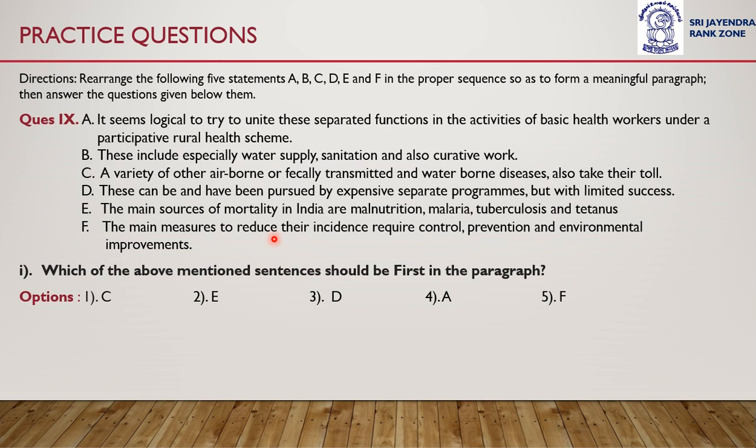So, out of these 6, which should you carry? The main sources of mortality in India are malnutrition, malaria, tuberculosis, and tetanus. This is the first sentence of the sequence.